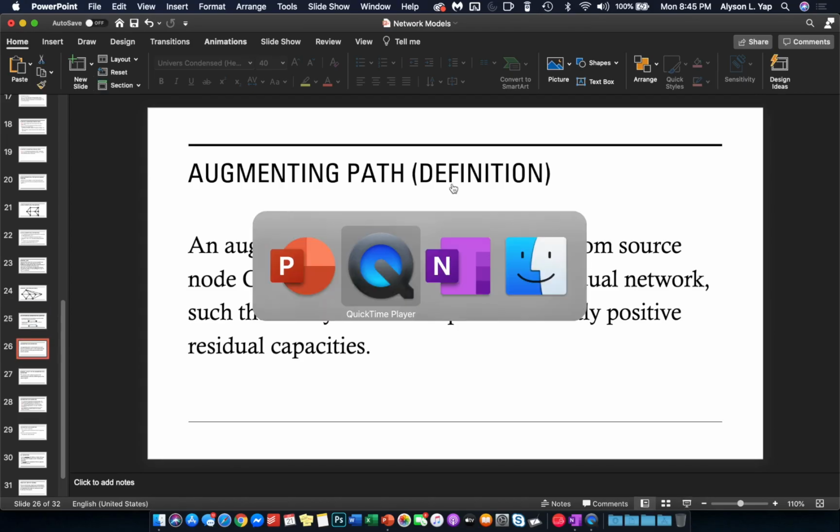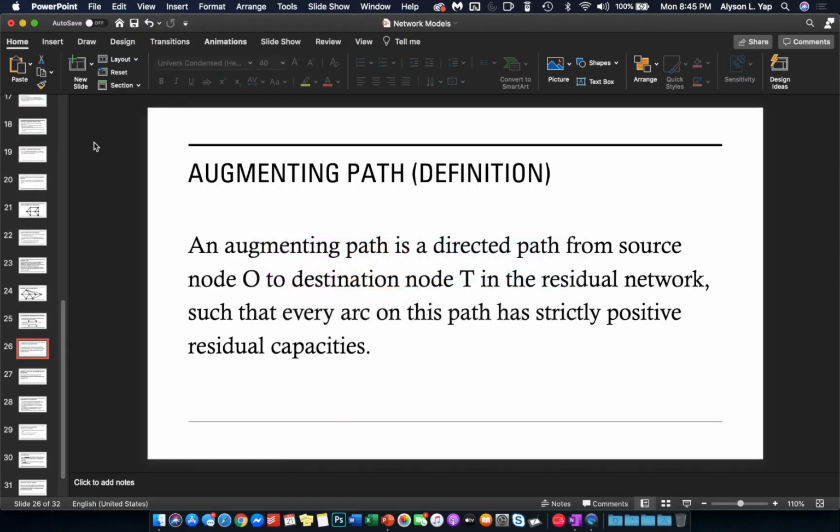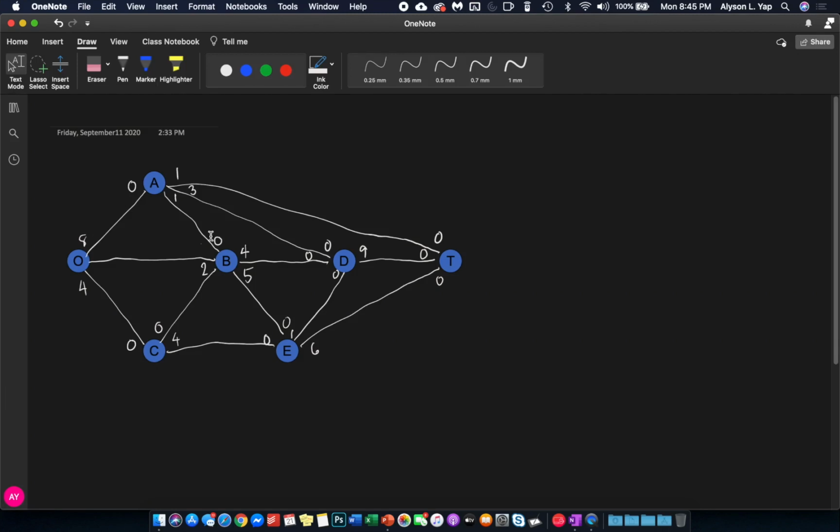Okay, so what I have here is the example, but as you may have noticed, I've already removed the arrows. Because I've removed the arrows, I've included the arc capacity 0 to the movement of going back.